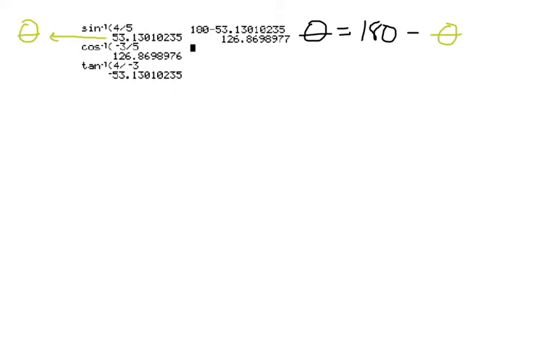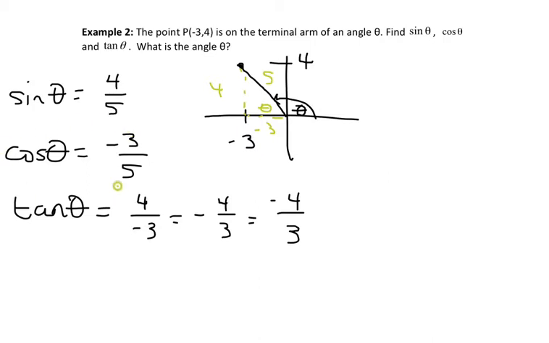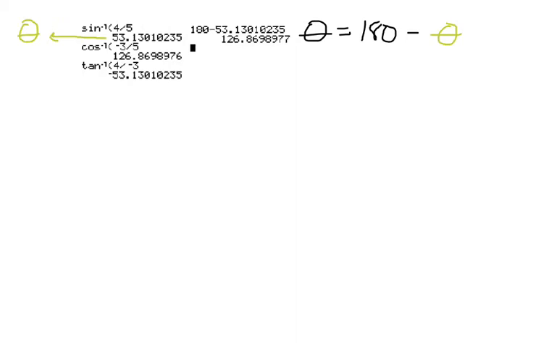If I had used my cosine ratio, if I had done cosine inverse of -3/5, well, my calculator knows that if cosine is negative, it has to be where x is negative. So it automatically gives me my 126.9, same as here.